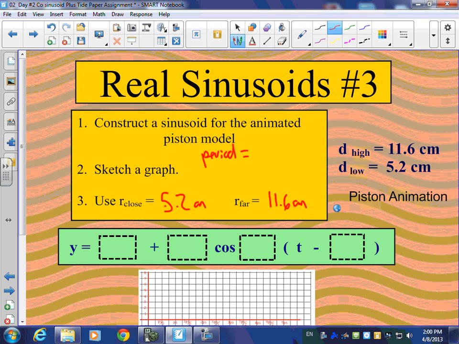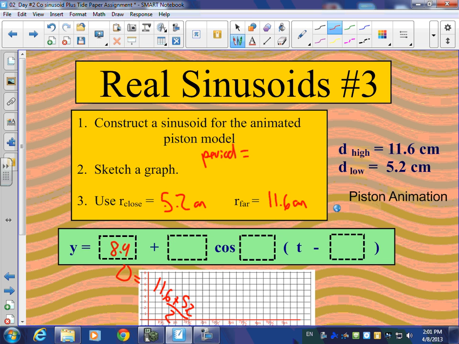By the way, what could we figure out with just this information? What could we find? D, which is going to be 11.6 plus 5.2 is 16.8 or 8.4.